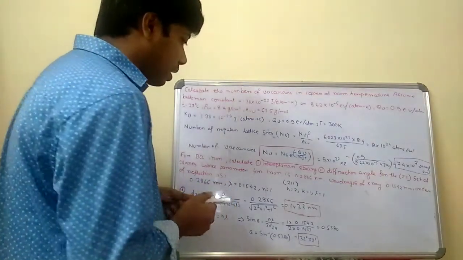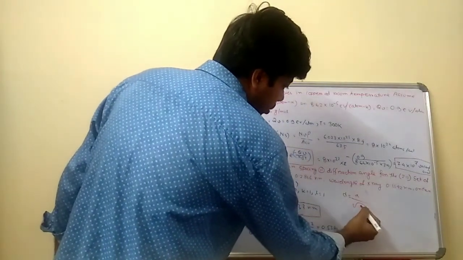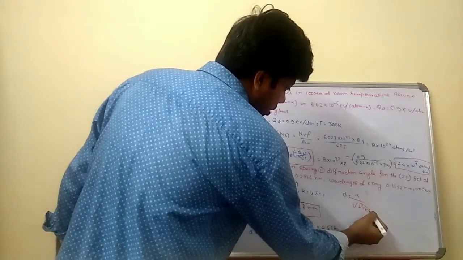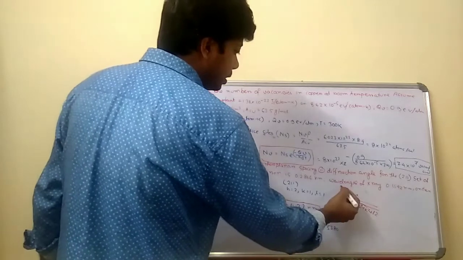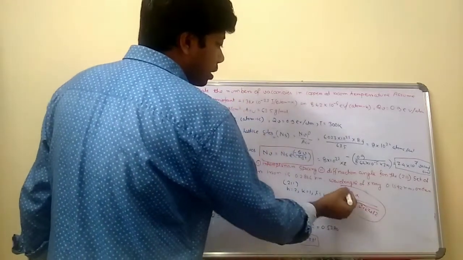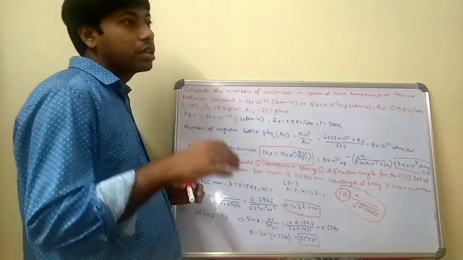As you know, d is basically the interplanar distance between the atom plane and the origin of the cube.